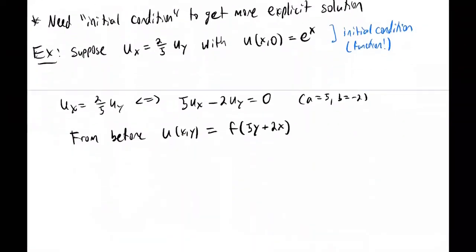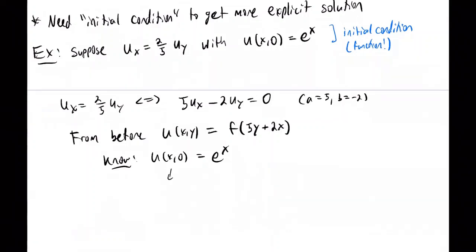At this point, we have extra information for this example, because we know that if I set y equals 0, this is equal to e to the x. Now let me use the above formula.